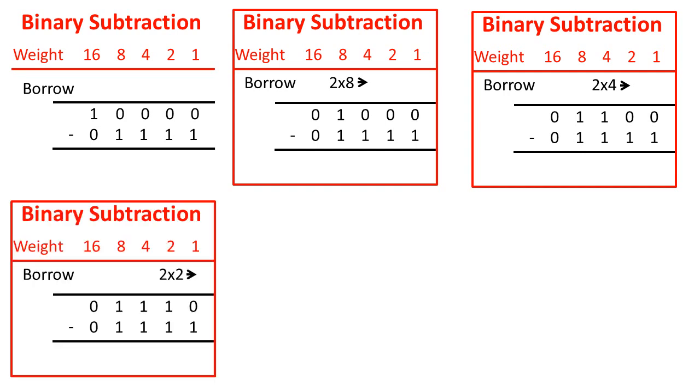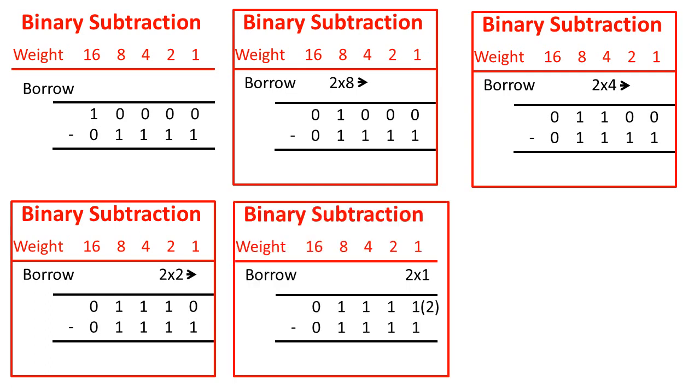Observe. As the weightage of this column is again half of the previous column, we can write here 2 into 2. So there are 2 ones of weightage 2. So we can keep 1 single 1 here. Another single 1 of weightage 2 will be shifted to the rightmost column.